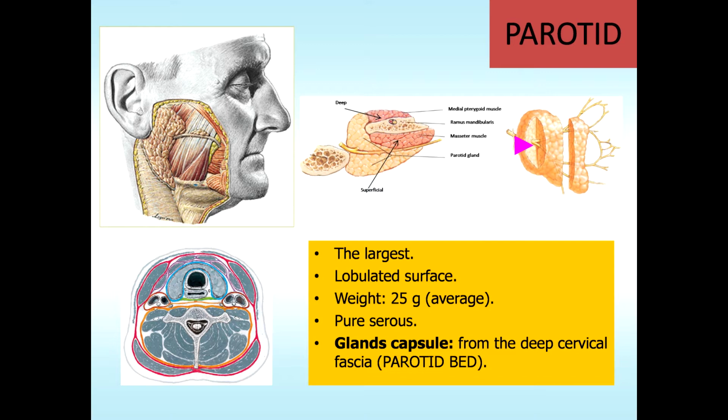The parotid gland is divided in two large portions by a fibrous tissue in which we can find the intraparotid plexus of the facial nerve, also called the facial plexus, which originates the superficial and the deep portion.